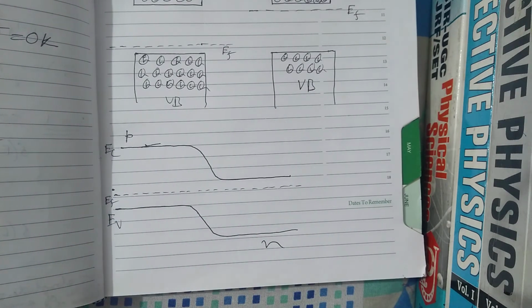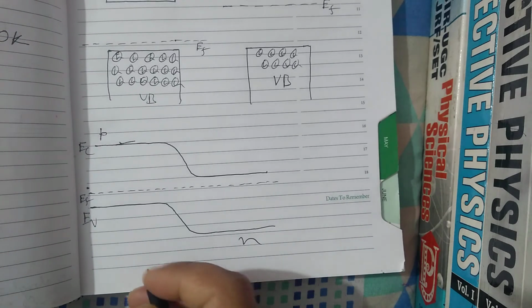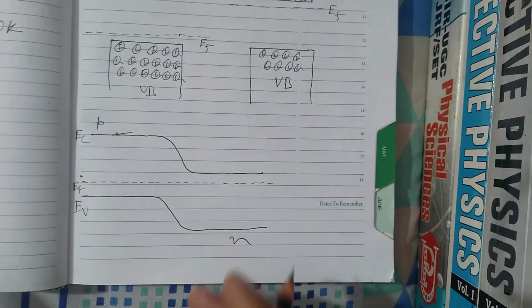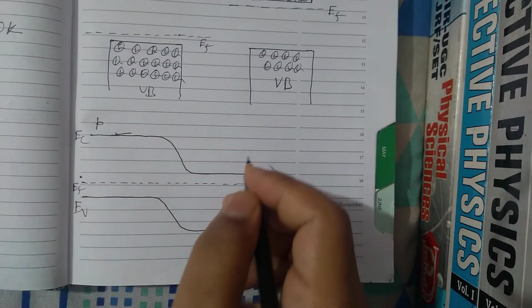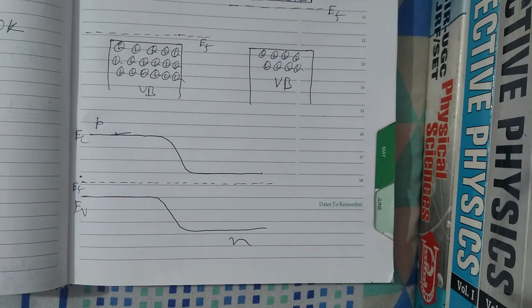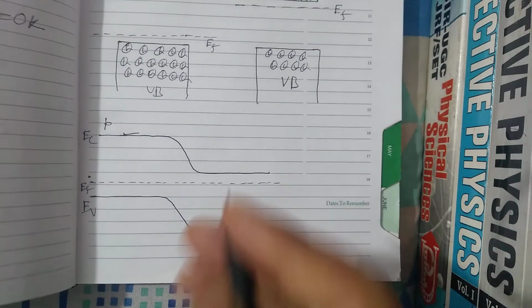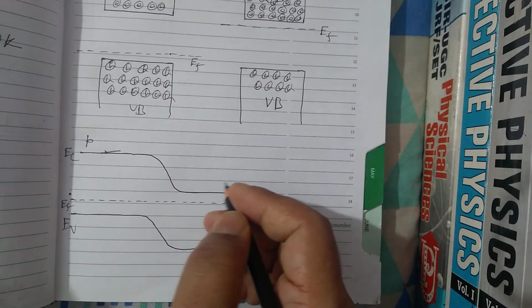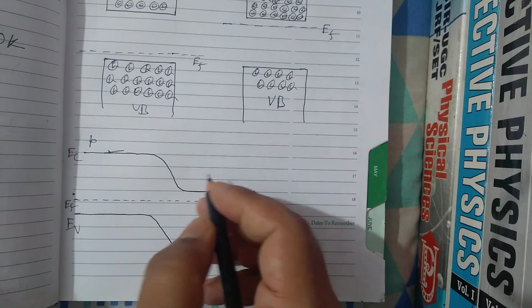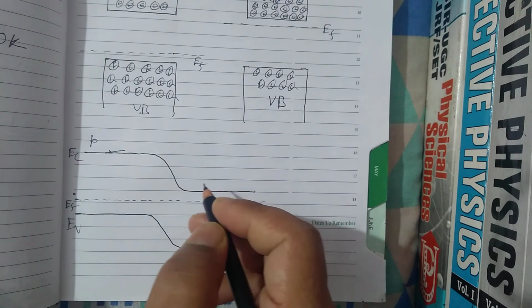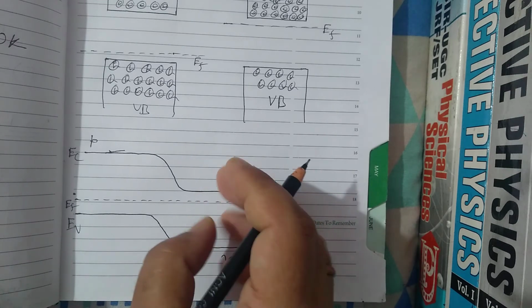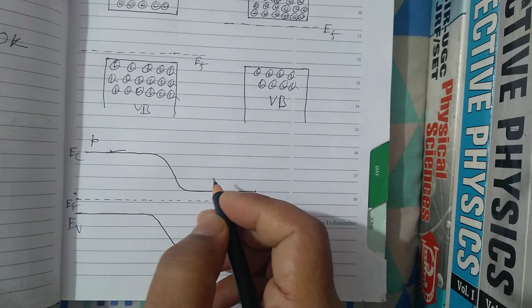This is the N side and this is the P side, and now you see there will be energy levels. Here there is a trick you need to understand. How are the energy levels spaced? Closer to the Fermi level, the density of the energy levels is not that much.